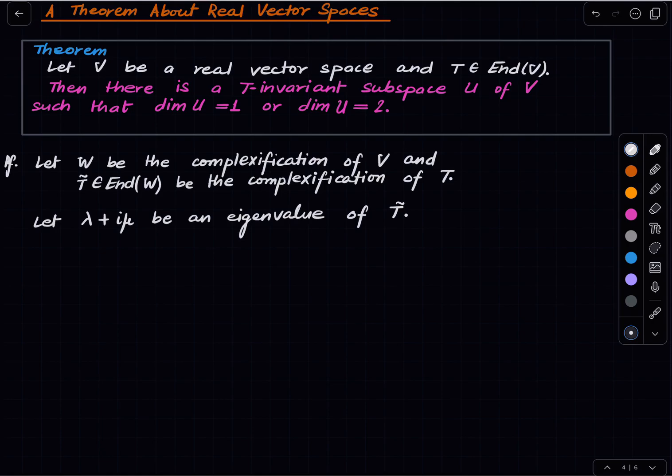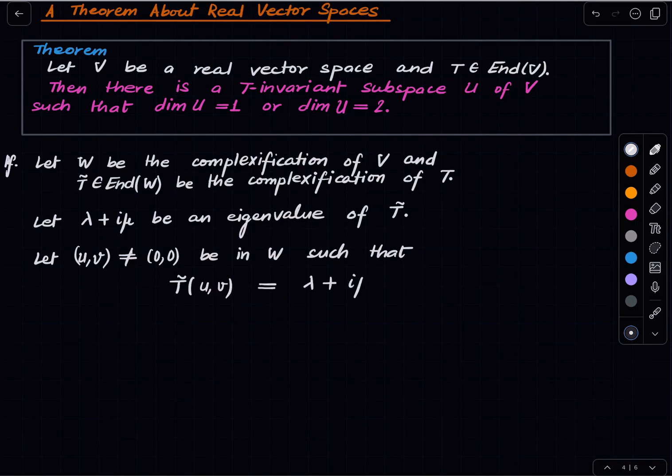Since this is an eigenvalue, there exists some non-zero vector in W such that this is equal to the scale of the vector by our eigenvalue.